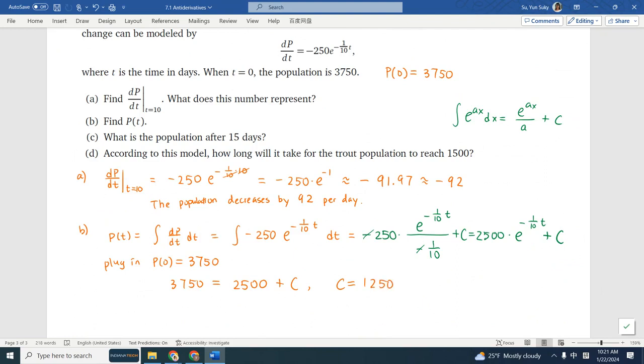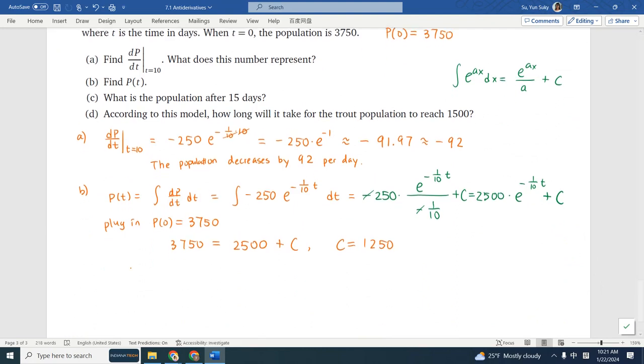We move this over, we subtract 2500, we get 1250. That's our C. So our population is 2500 e to the minus 1 over 10t plus 1250. So this is part B.